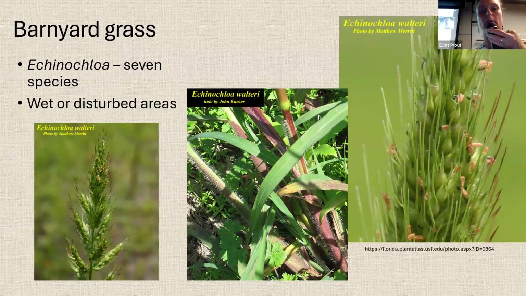So the barnyard grasses, again, these are very common in wetland. We also have some species that are ruderal. You might find in disturbed areas, like Echinochloa is in disturbed areas. But ones like this are typically in your wetlands, right? It could be ditches, wetland edges. So this guy, I love it because he illustrates how hairy, again, in this case, the leaf sheath is, right?